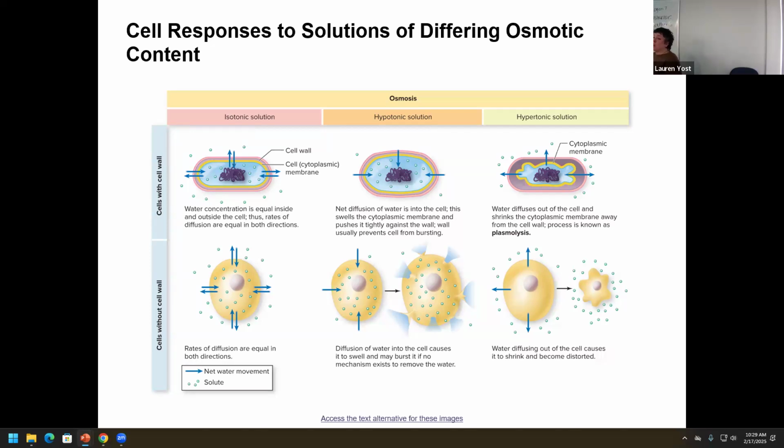So your cell is going to be really struggling to try to make it equal concentration inside and outside. Is it ever going to catch up to the outside? No. No matter how much it waters down what's in the cell and it swells and swells by bringing in that water, it's still going to have more salts and things compared to what's outside. So that's why the cells will burst, because they'll eventually get to that point where it's not good anymore.